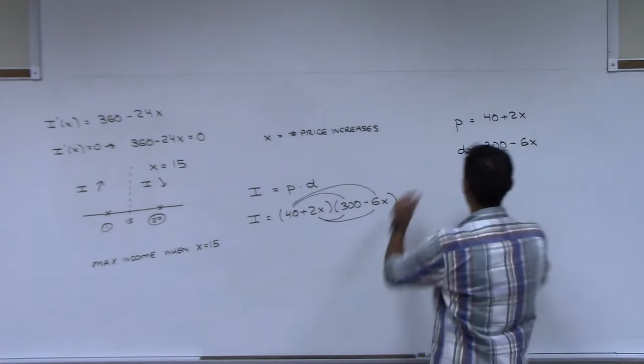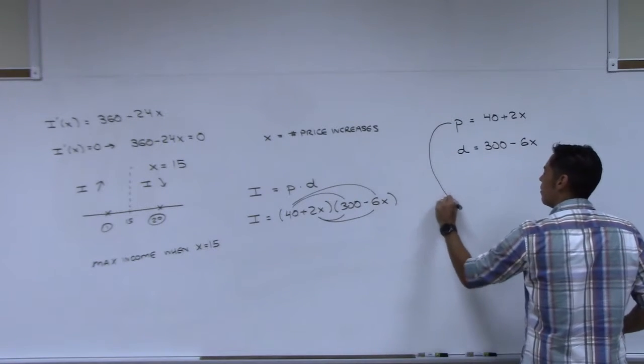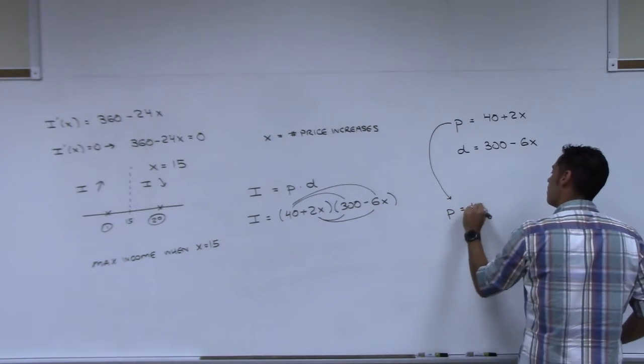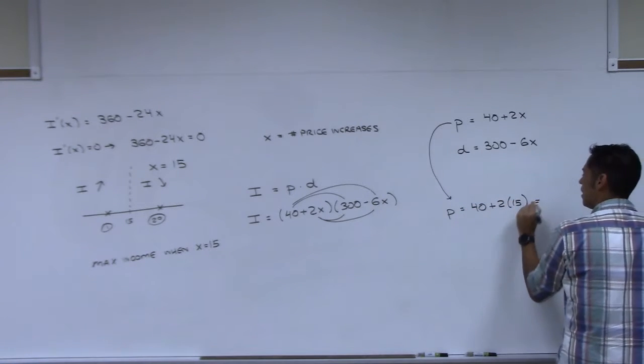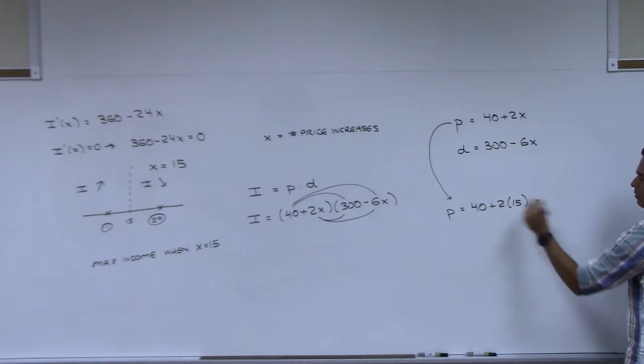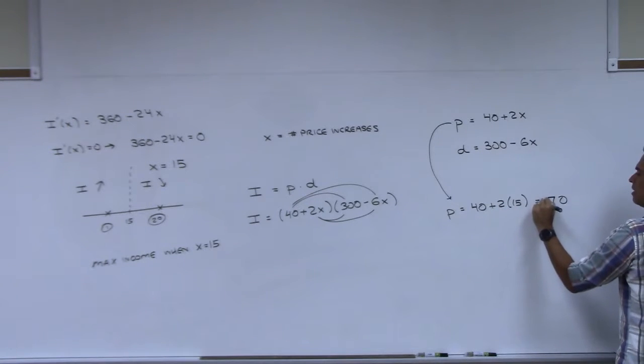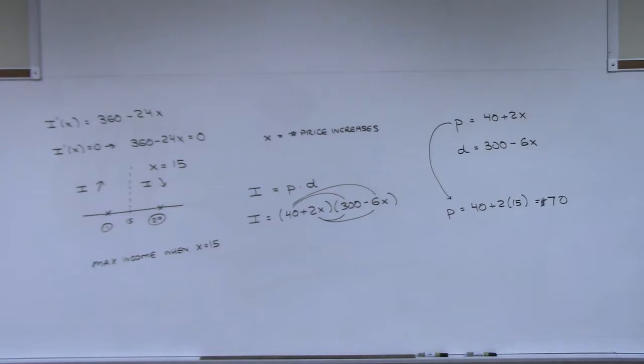So we come up here to our price, and we say our price should be 40 plus 2 times 15, which means 30 plus 40, that's 70. That means we need to be charging $70 a day for our vehicles in order to get the maximum income.